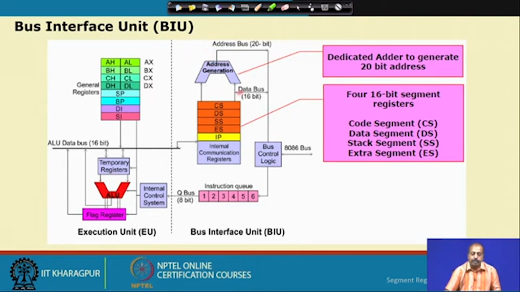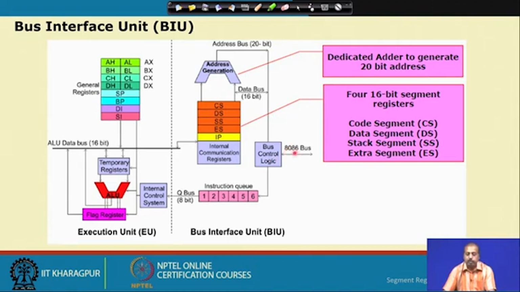For address generation, a separate address generation adder is put into this module. The CS value and the IP value are combined to get the 20-bit address, and that 20-bit address is put onto the address bus through the bus control logic. So, it connects to the 8086 bus.